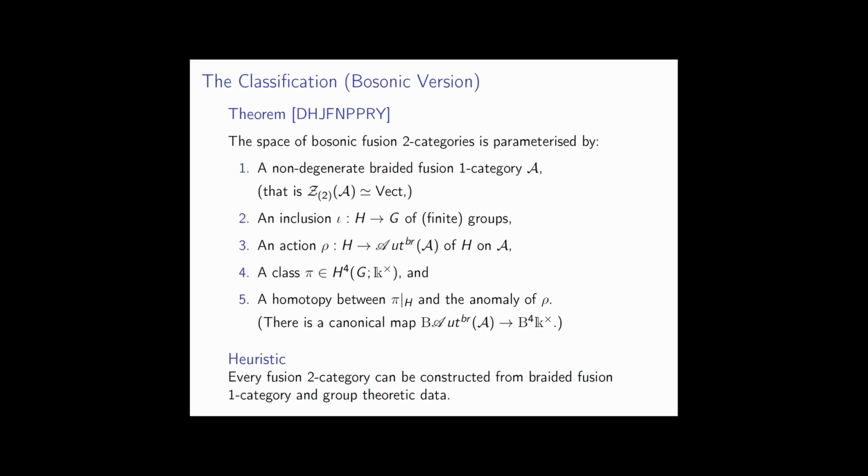Essentially, it's unique if you think of them in the right way. What is slightly misleading is that we're essentially describing the space of all the fusion 2 categories, and then it becomes a bit clearer. But in particular, if you look at point 2, by an inclusion of finite groups, I mean 2 subgroups that are conjugate are going to give you the same inclusion up to conjugation in the target, and so I want to think of them as being the same. And that's the kind of thing that you have just essentially put out by in this list.